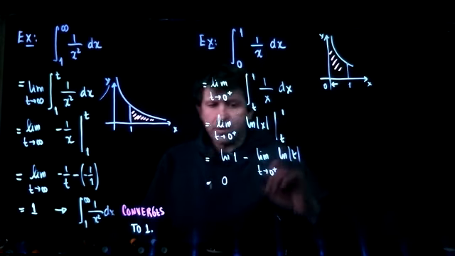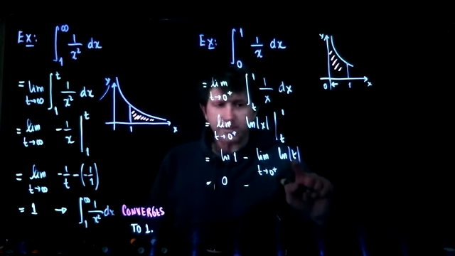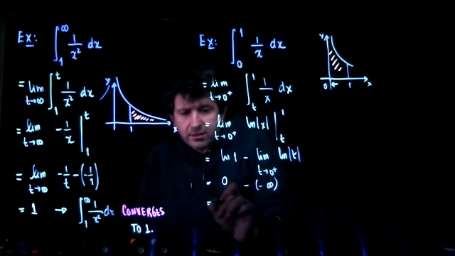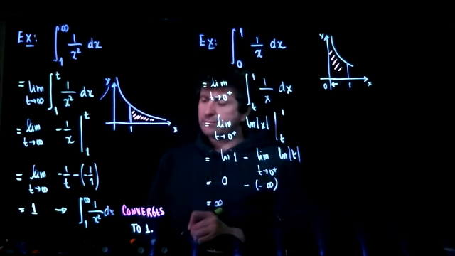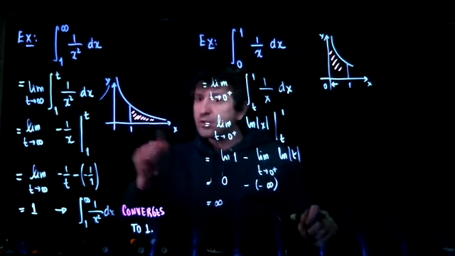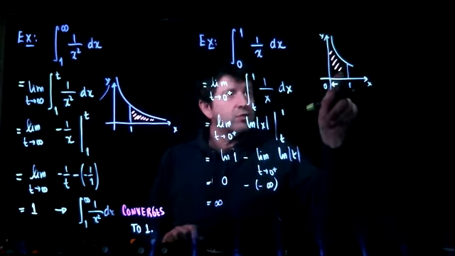This is 0 minus, and ln of 0 is negative infinity, so minus negative infinity, and so I get infinity. So this region here goes to infinity. This one converges to 1, this one goes to infinity.